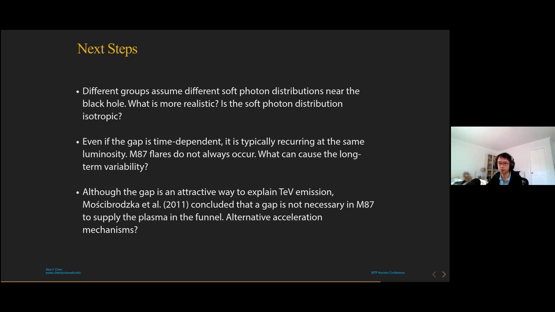So that's actually one of the obvious next steps. I think this is something that should be understood. Ideally, it should be understood in the context of the GRMHD simulations that we have been running for M87.